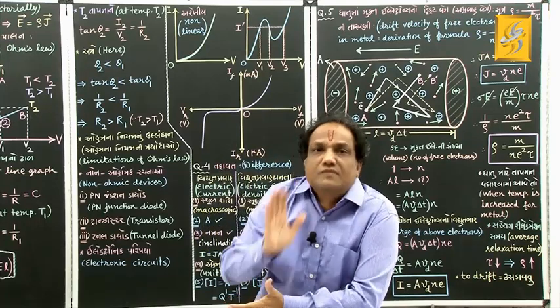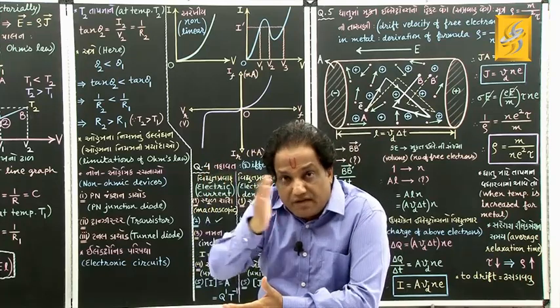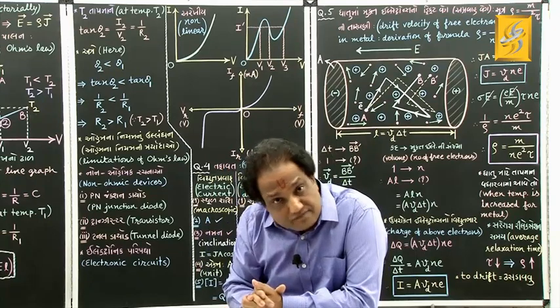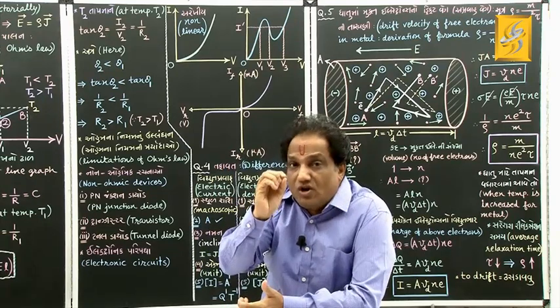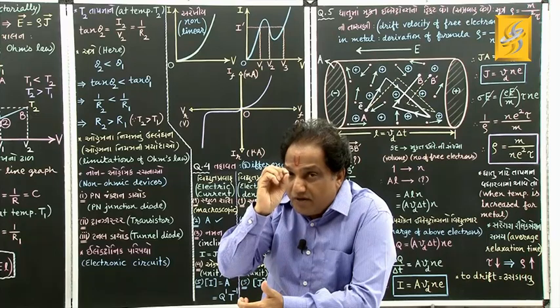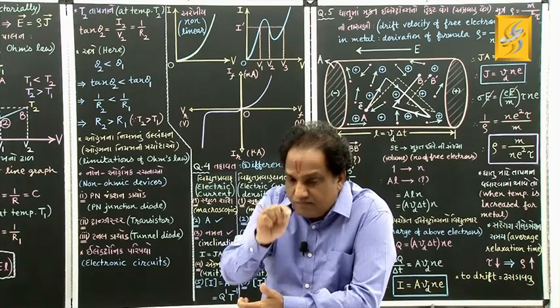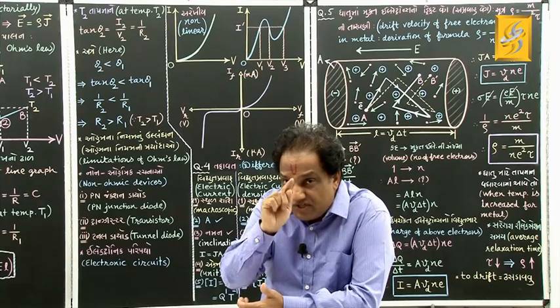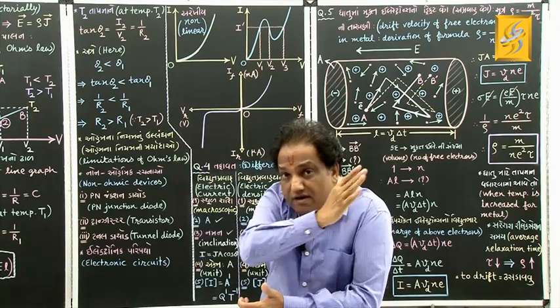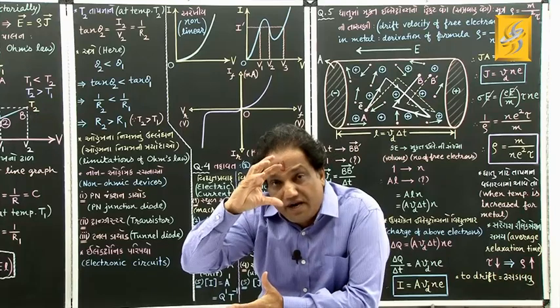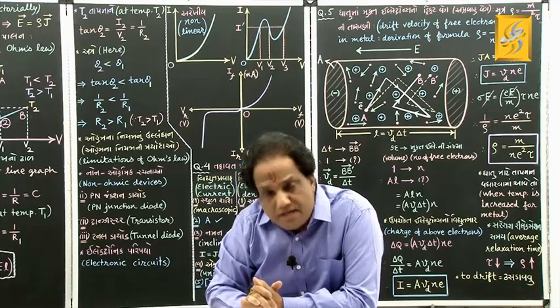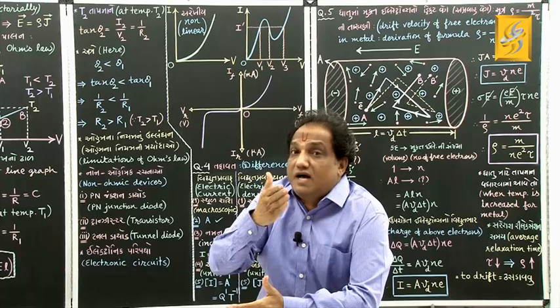So electric current is said to be set up in the entire conductor. It is not an event which takes place only at one point. It is a phenomenon which takes place in the entire dimension of the conductor, on a larger scale.